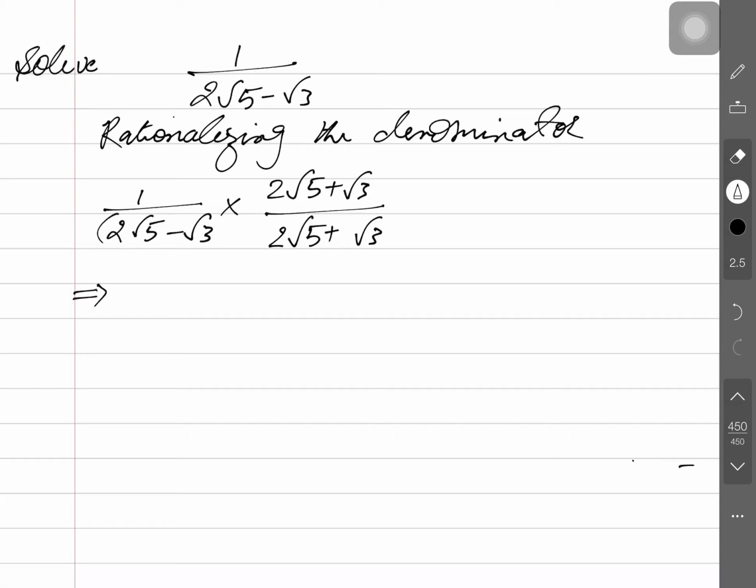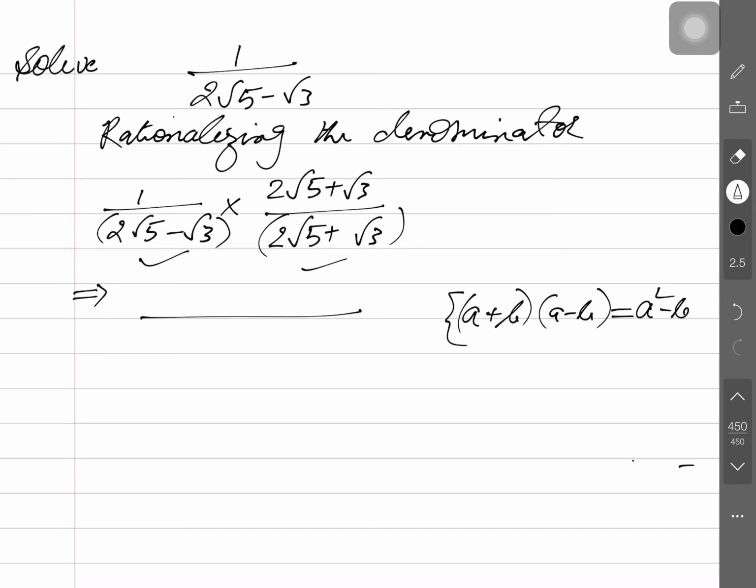So, what shall it be? It's the a minus b, a plus b pattern. Look here: a minus b, a plus b. So always you just have to use a plus b with a minus b. Further, it becomes a square minus b square.